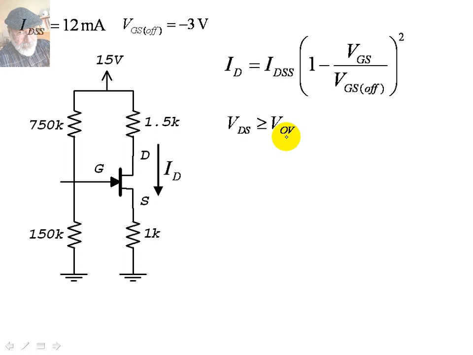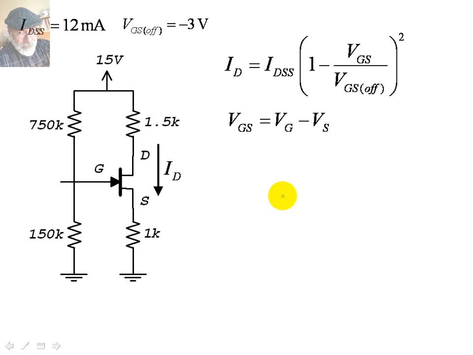That is a condition. You say, what was the overdrive voltage? It was how much higher VGS was than the pinch-off voltage. Well, we need to compute VGS, and we need to compute VDS, and we need to find out ID. Let's do all of that.